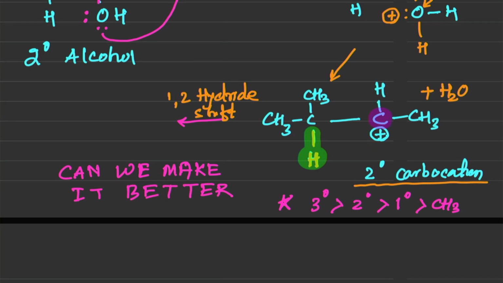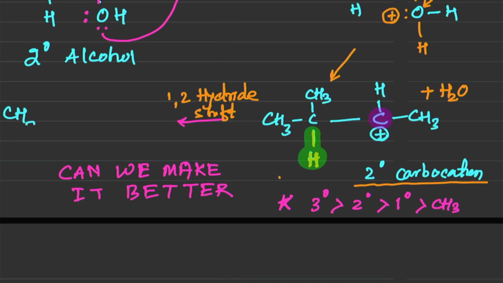If you don't, then move a methyl group. You can move a methyl group as well, but a methyl group won't move if there is a hydrogen, so make sure you move the hydride first. If there is no hydride, then you move methyl. That's called a 1,2 methyl shift.